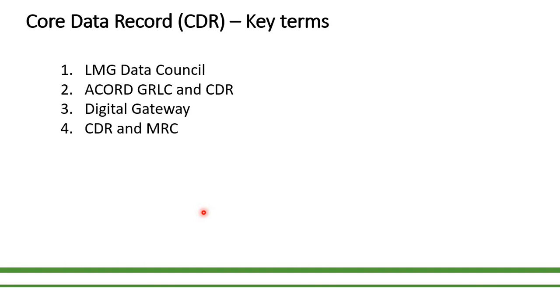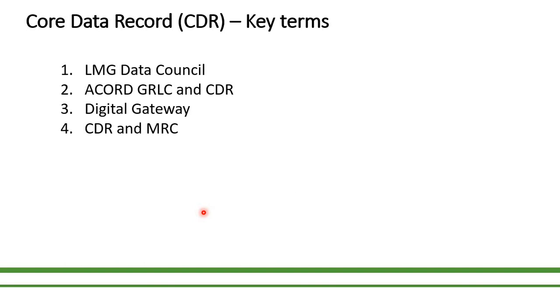The second important point is Accord GRLC and CDR. In March 2022, the Data Council agreed that Accord will be the market data standard and the CDR will align to the Accord global reinsurance and large commercial standards.